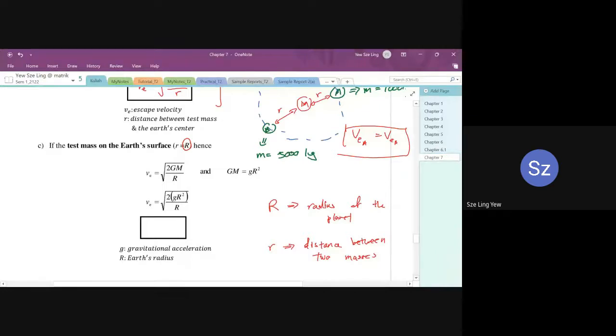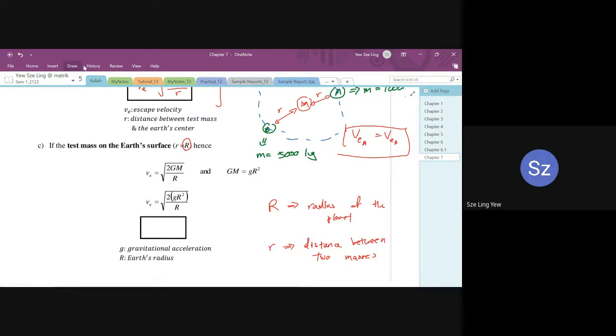So VE is equal to the square root of 2GM over capital letter R, because you place it on the Earth's surface. And we know that GM is equal to gR squared.